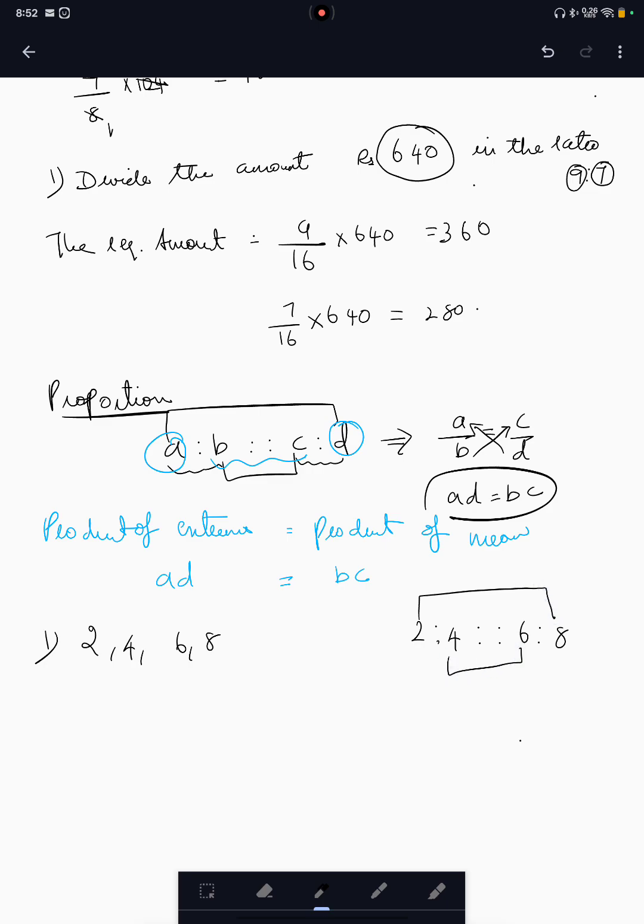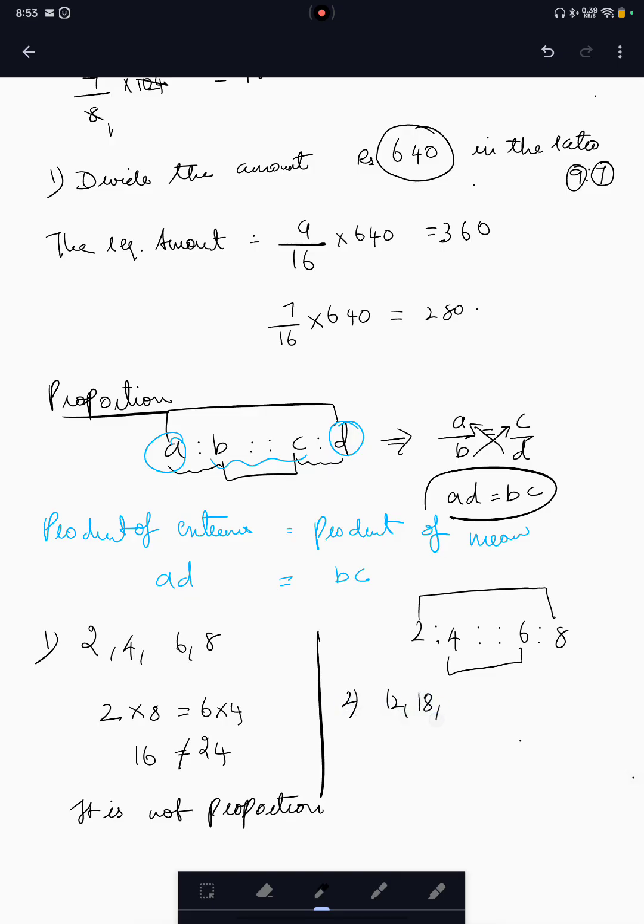Is it coming or not? Product of extremes is equal to product of means. So 2 into 8 is equal to 6 into 4. 16 is equal to 24. Is it equal? No. So it is not a proportion.